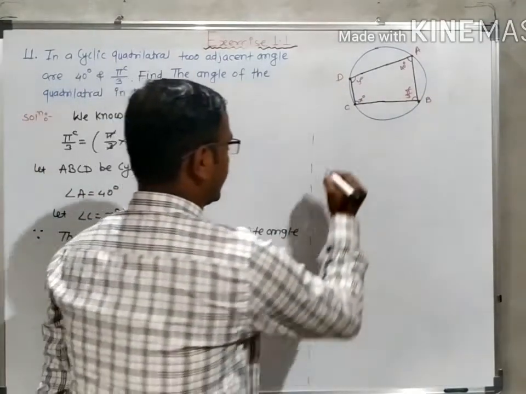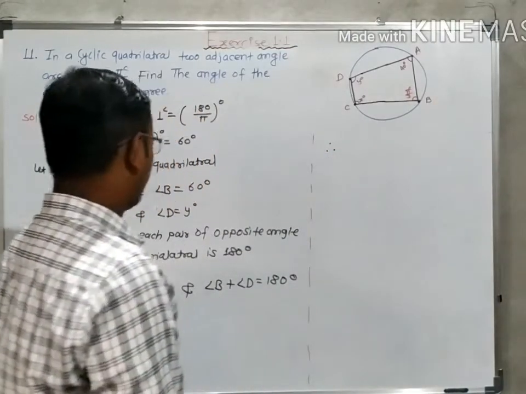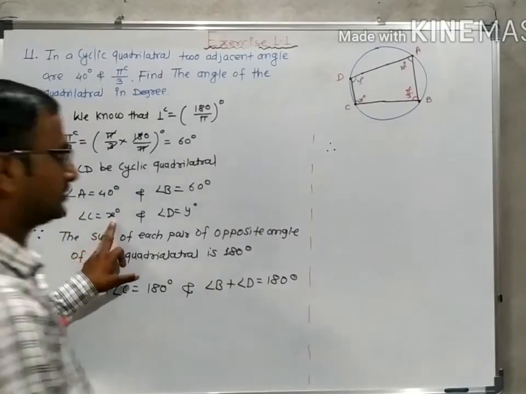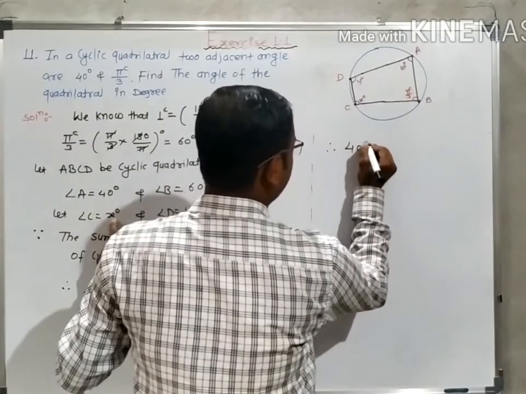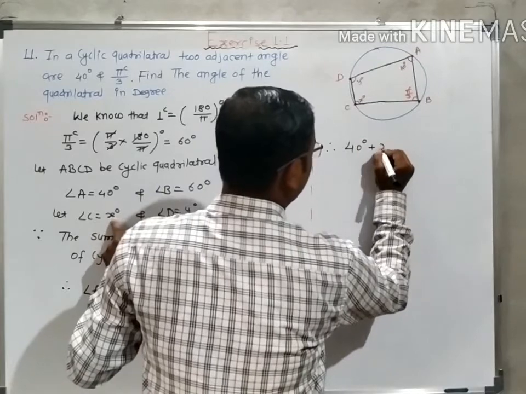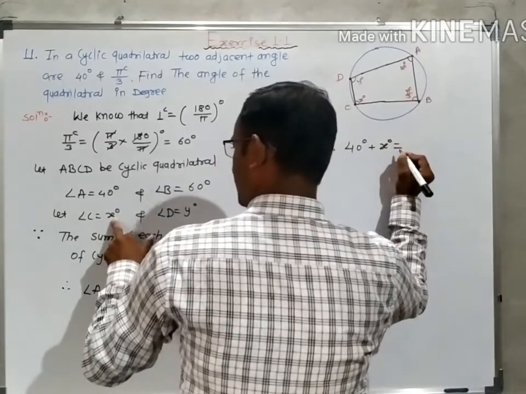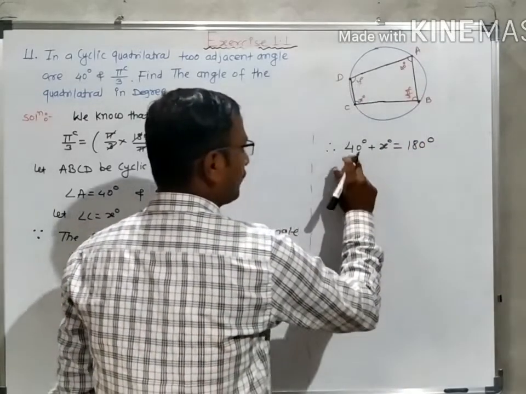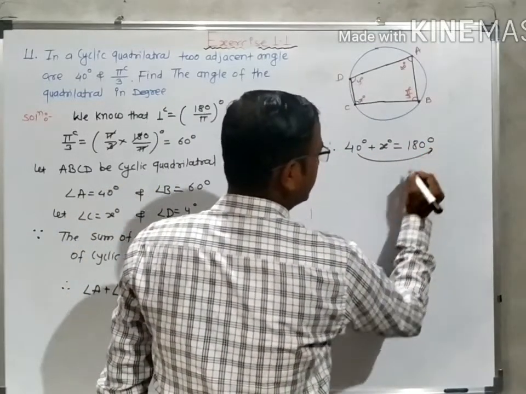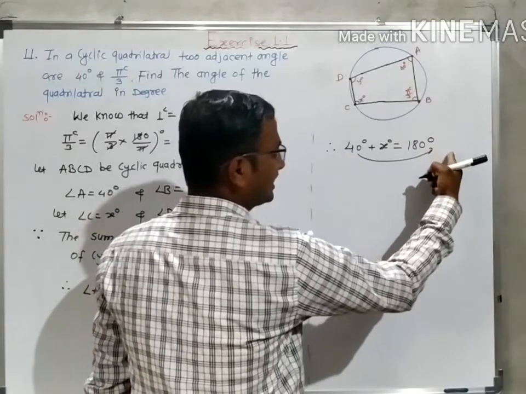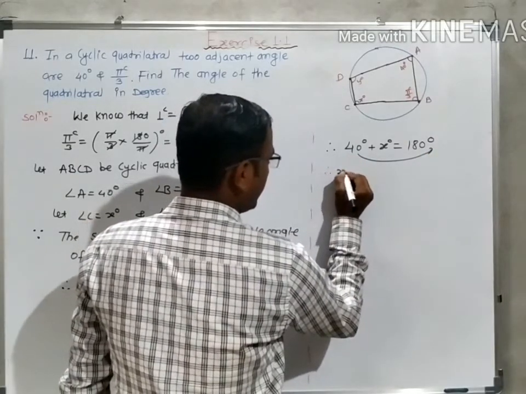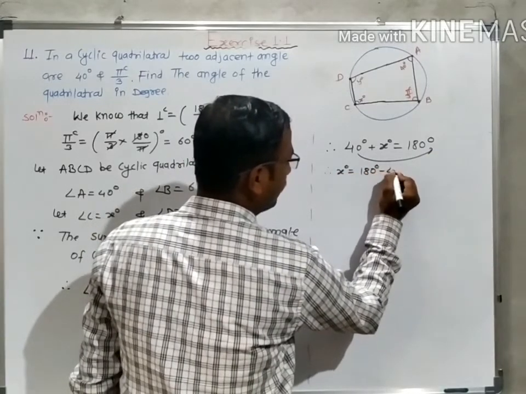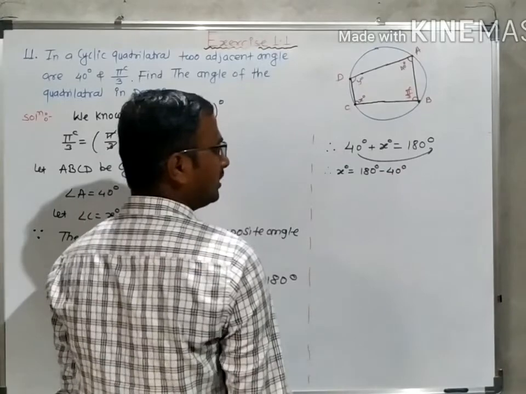Therefore angle A is 40 degree and angle C is x degree, so 40 degree plus x degree is equal to 180 degree. Transferring 40 degree to the right hand side, positive becomes negative, so x degree is equal to 180 degree minus 40 degree.